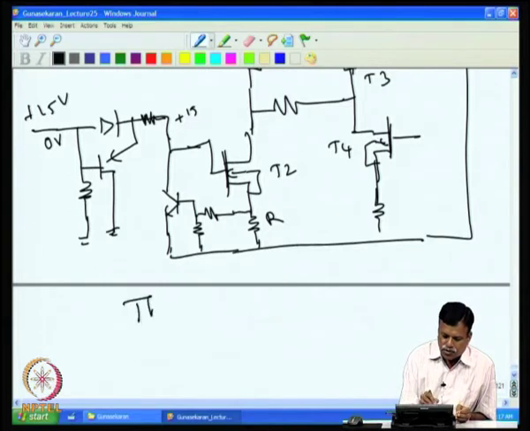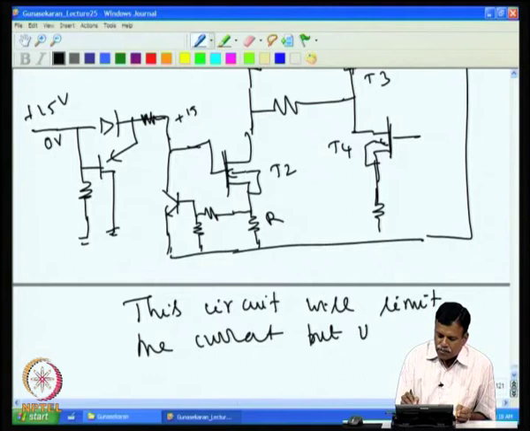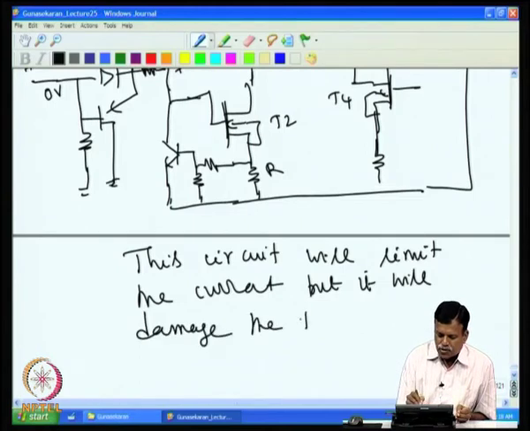In this circuit it will limit the current, but it will damage T2 because of heating.